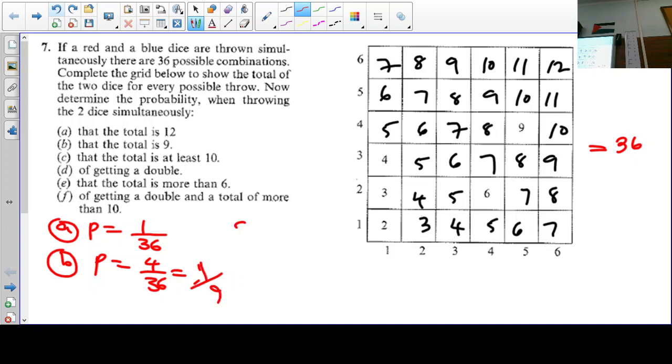Okay. Let's look at C. The total is less than 10. Would I consider the 10? No. So the total is less than 10. So it's going to be 4, 5, 6.